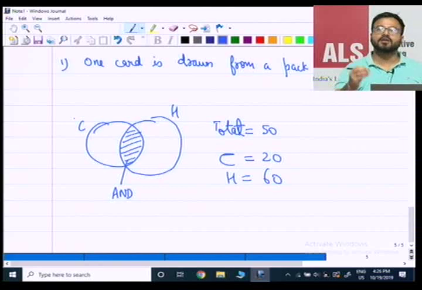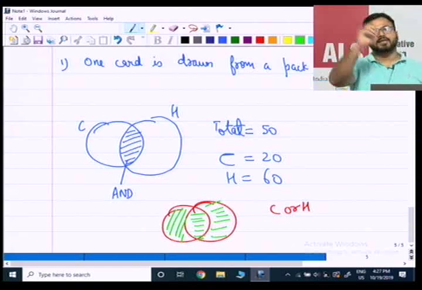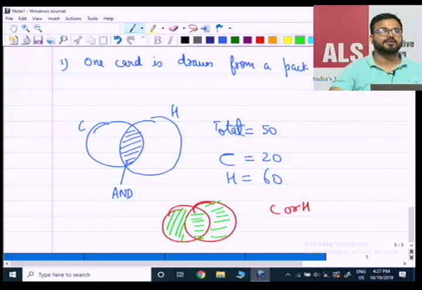And OR is indicated by all of them. If I say cricket or hockey, the individual and common regions collectively will be counted in OR, and the common region will be counted in AND.